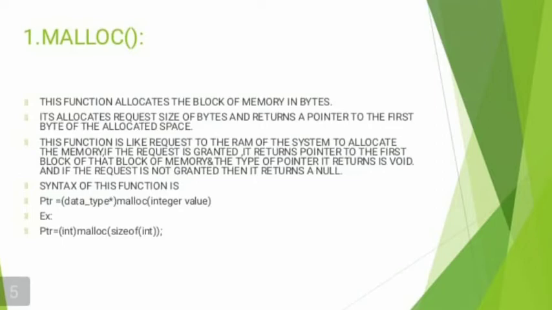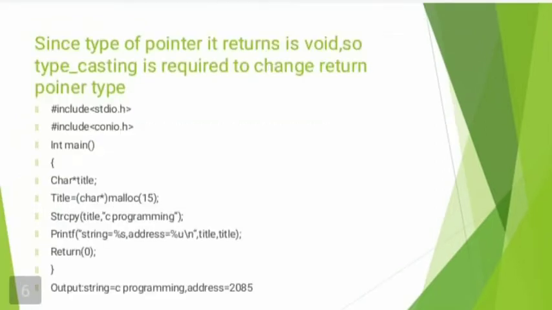The syntax of the malloc function is: pointer equals (data type *) malloc(integer value). For example, pointer = (int *) malloc(sizeof(int)). Let us discuss a program on malloc.